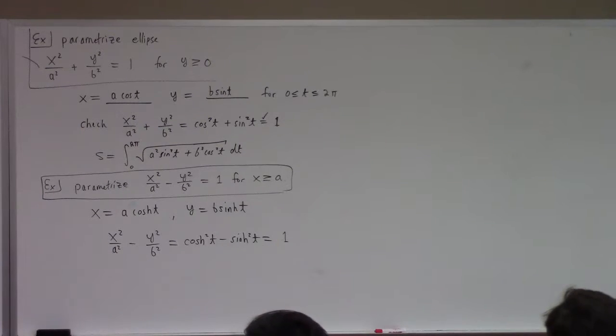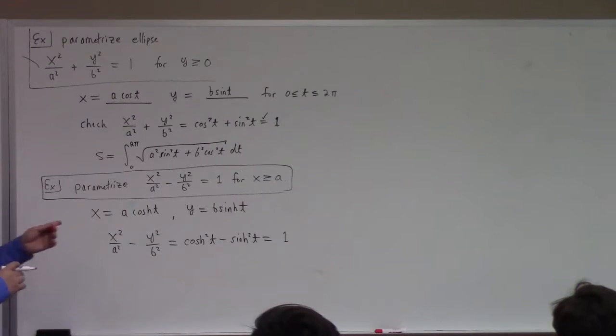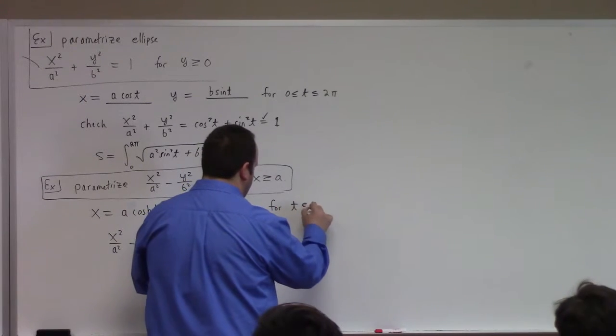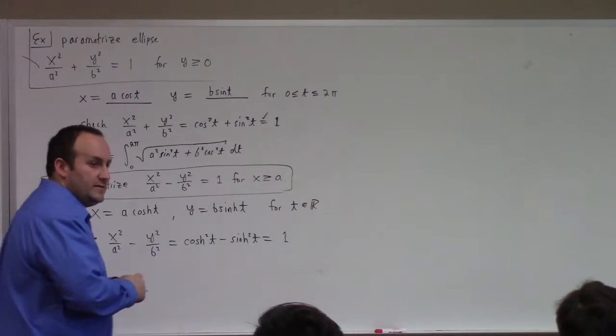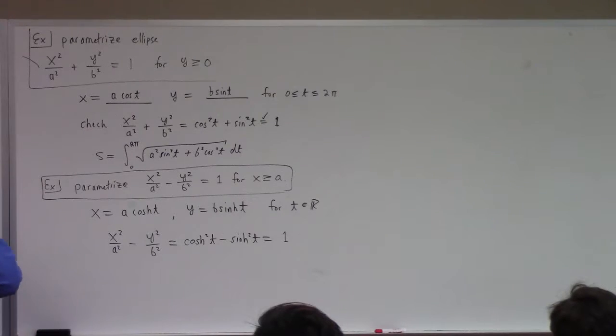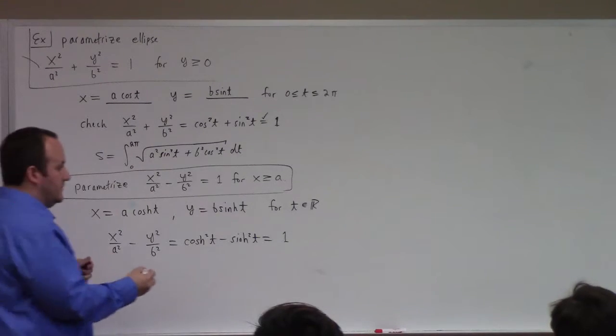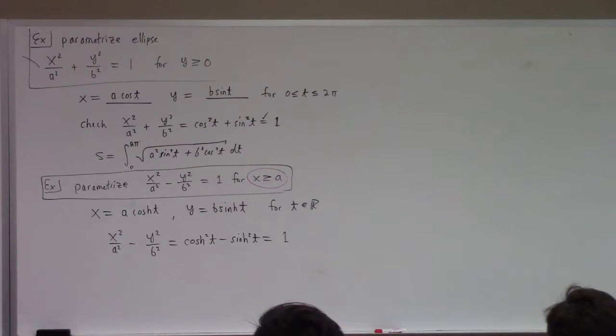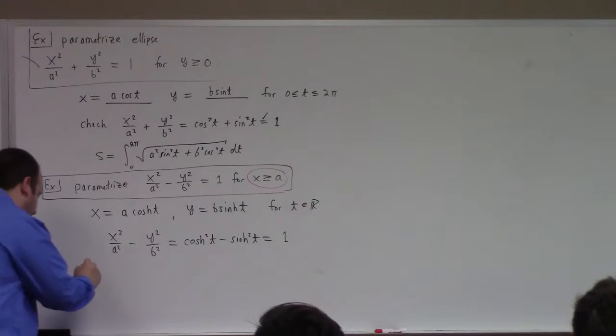Now I have x greater than or equal to a. What about that? By the way, what range of t should I do this for? I'm going to tell you we should do this for t in the reals. So how do we check ourselves on that? We know hyperbolic cosine.